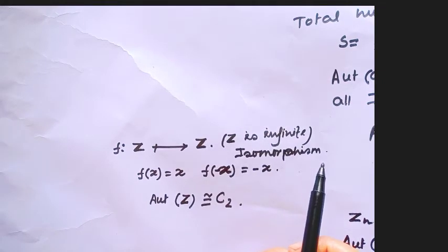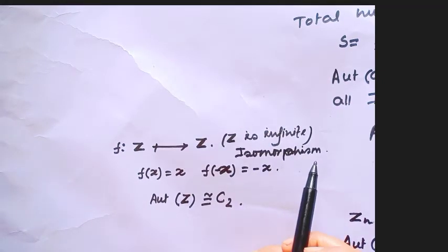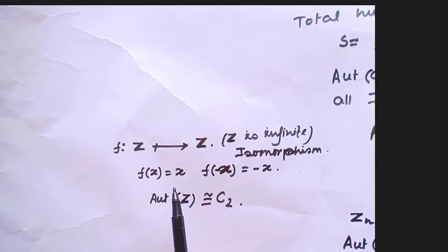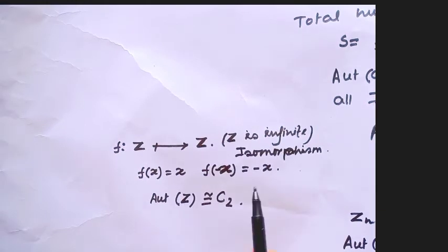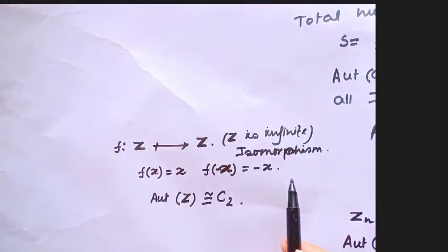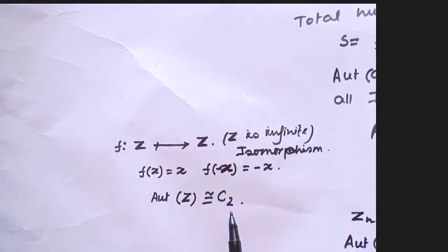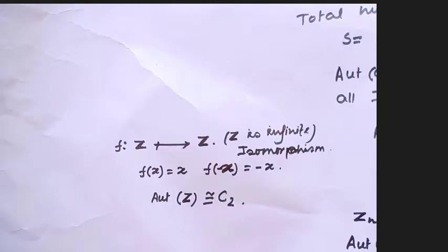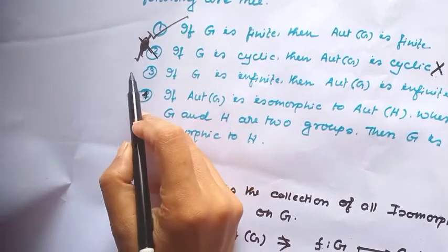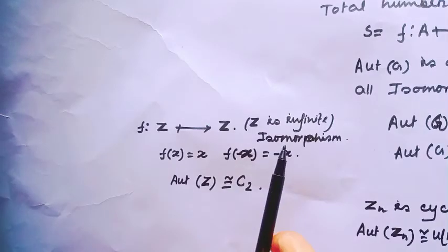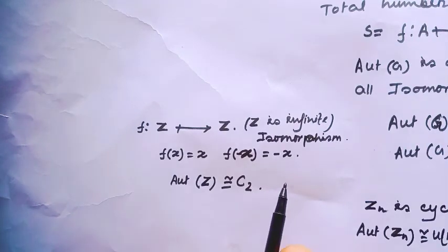I have discussed it in my previous video. So the automorphisms here are f(x) = x and f(x) = -x. That means Aut(Z) is isomorphic to C2. Therefore, our third option is wrong. Here, the group is infinite, but Aut(G) is finite.